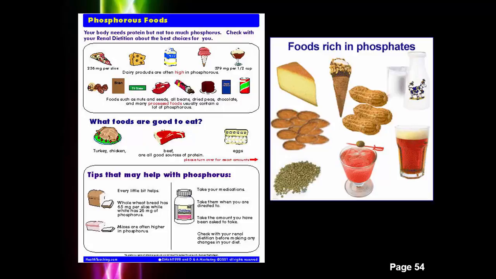And there are some pictures of foods that are high in phosphorus as well. And then it's also talking about tips that can help with phosphorus, talking about taking medications, making sure that they take them as directed and that kind of thing as well.